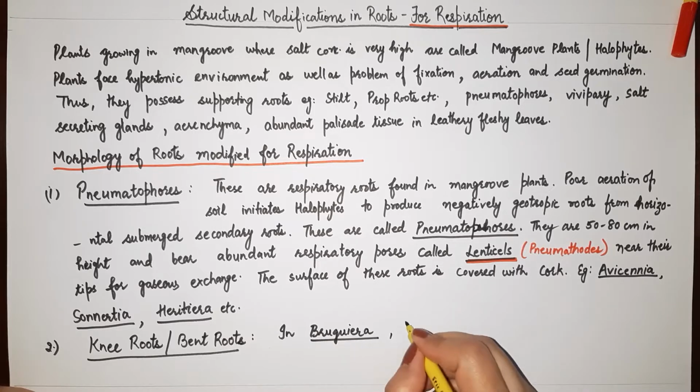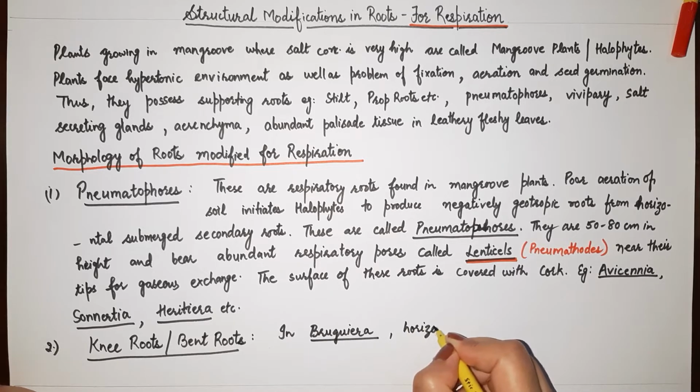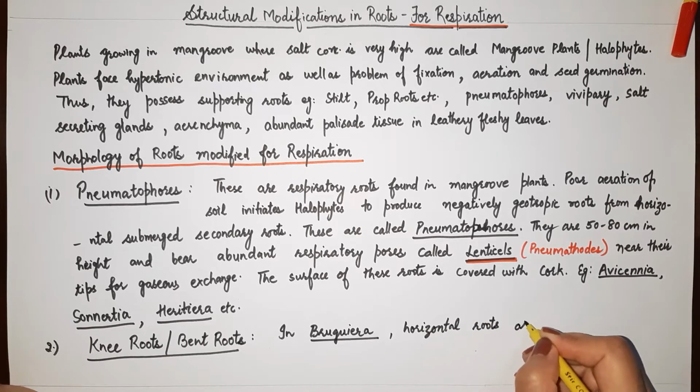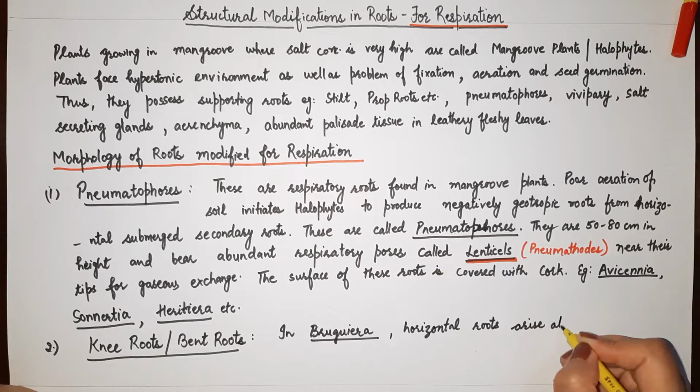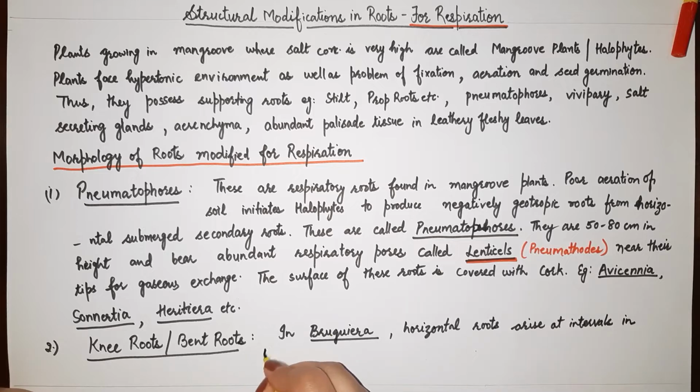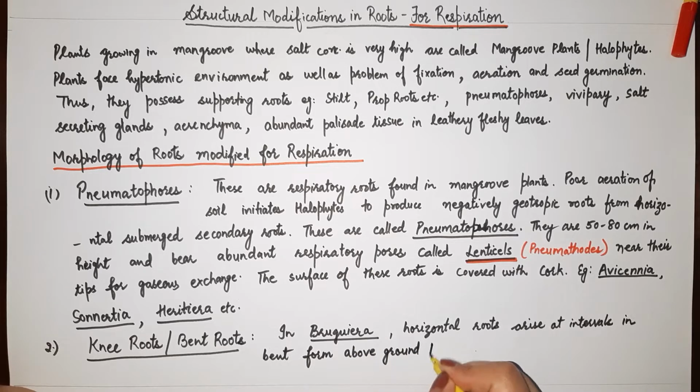It is a genus where horizontal roots arise at intervals in bent form above ground for aeration. These are called knee roots.